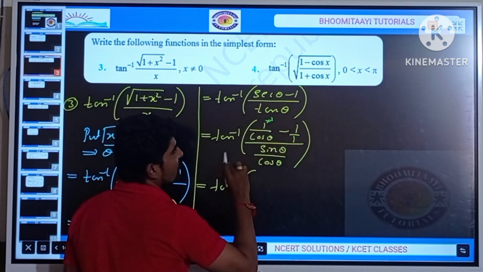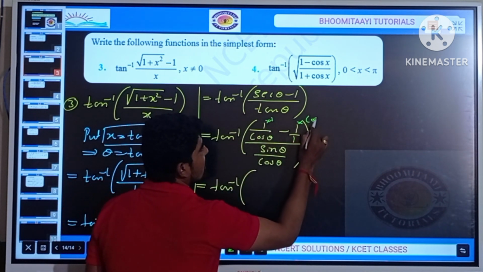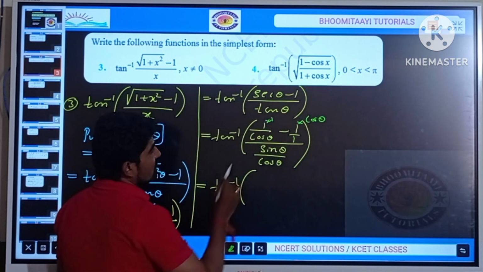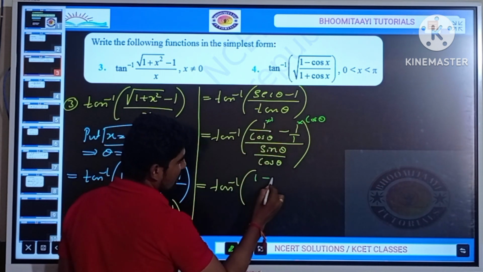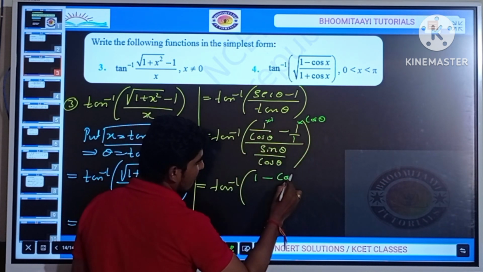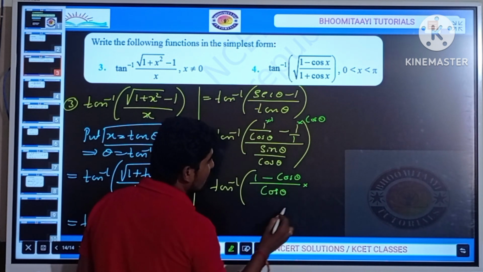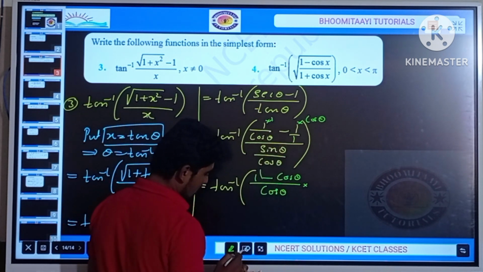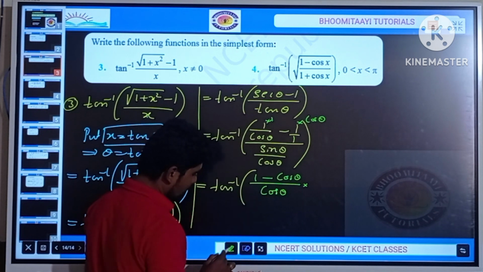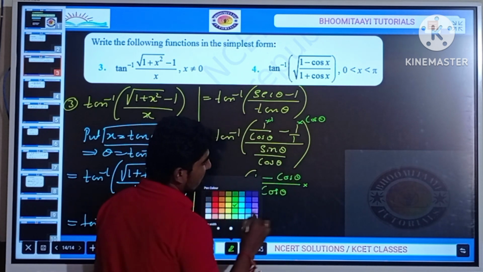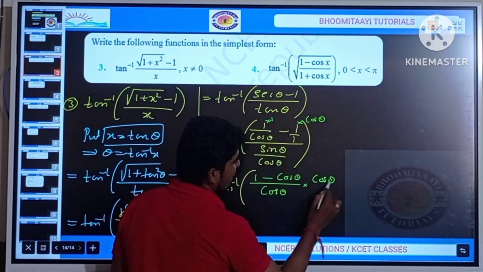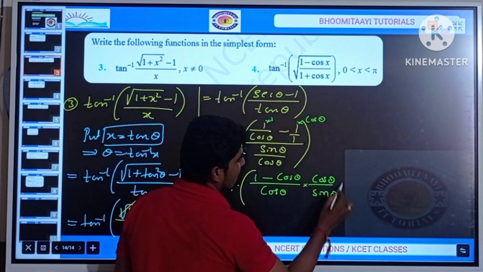So here multiply by 1, here multiply by cos theta. So 1 into 1, 1 minus 1 into cos theta, divided by the LCM cos theta, into sin theta by cos theta, which becomes cos theta divided by sin theta.